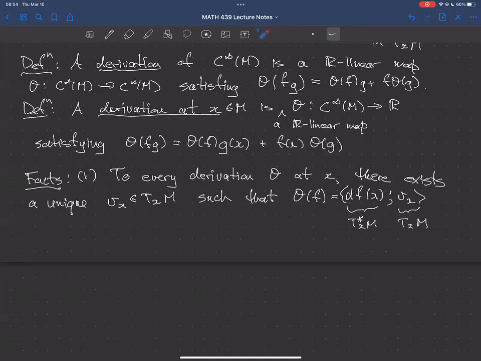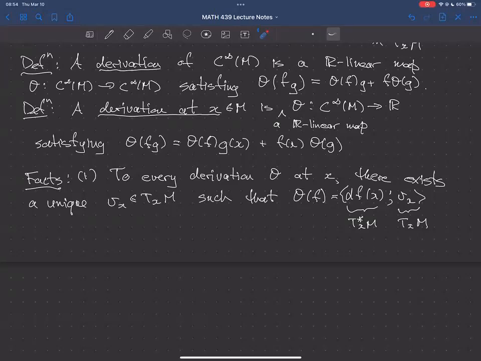So what this tells us is that you can alternatively view tangent vectors in this way, and there are benefits to doing so. If you pick up various books that do things differently than I do, you will see that the definition of a tangent vector is that it's a derivation at x. The fact is that the two definitions are equivalent.